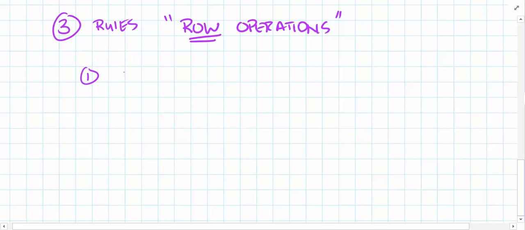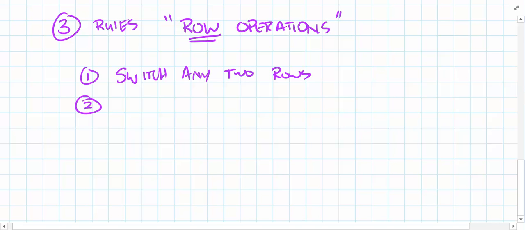So the first rule is this, you are allowed to switch any 2 rows. So if you want the third one to be the first row or the second one to be the third row, whatever you want, you can switch them, okay? You are allowed to do that.